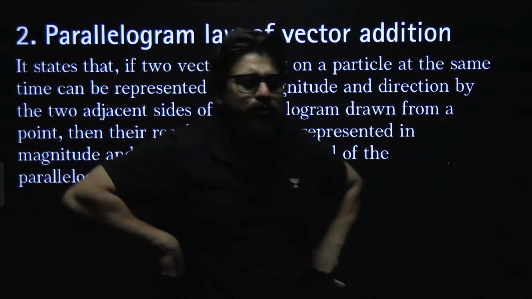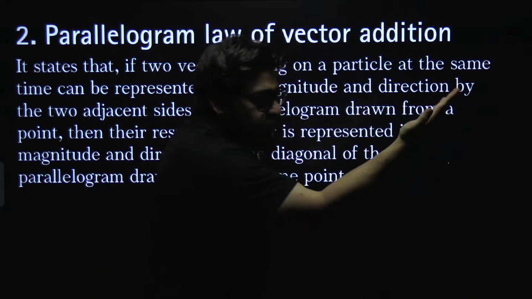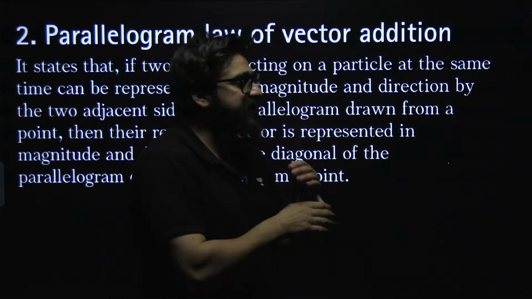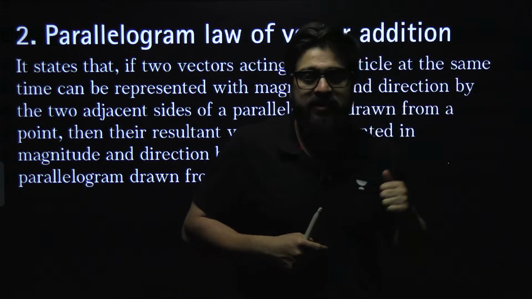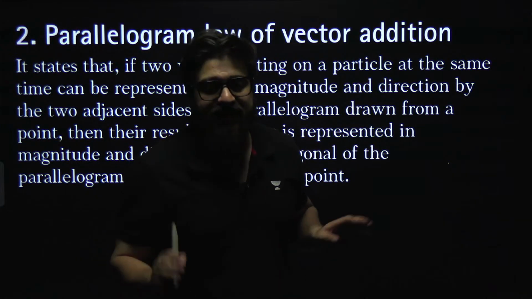In the triangle law, with one vector we make one side, with another vector we make another side, and with the third side we get the resultant.